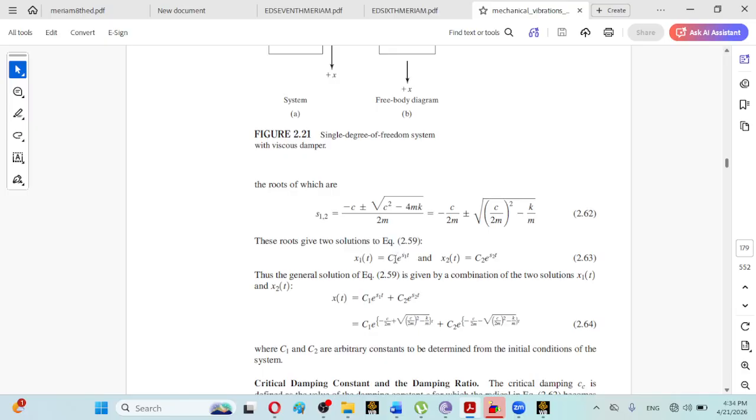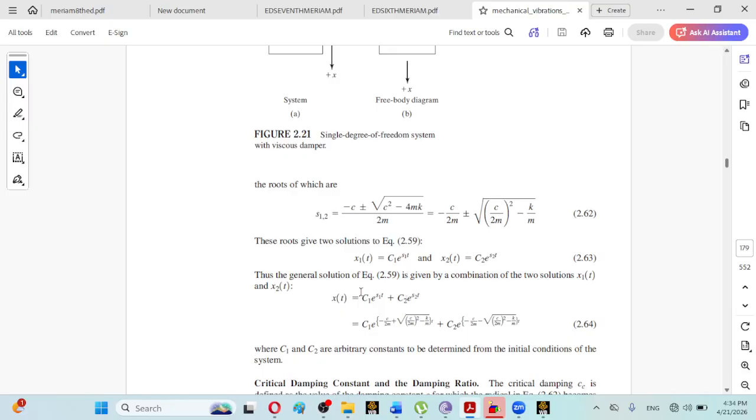The independent solutions also satisfy the original governing equation, and if we simply add them, they will again satisfy that equation.